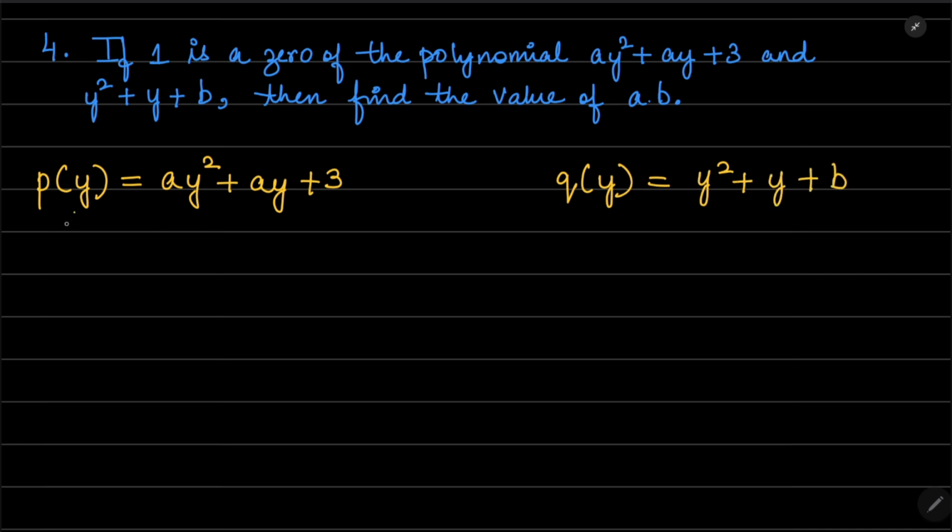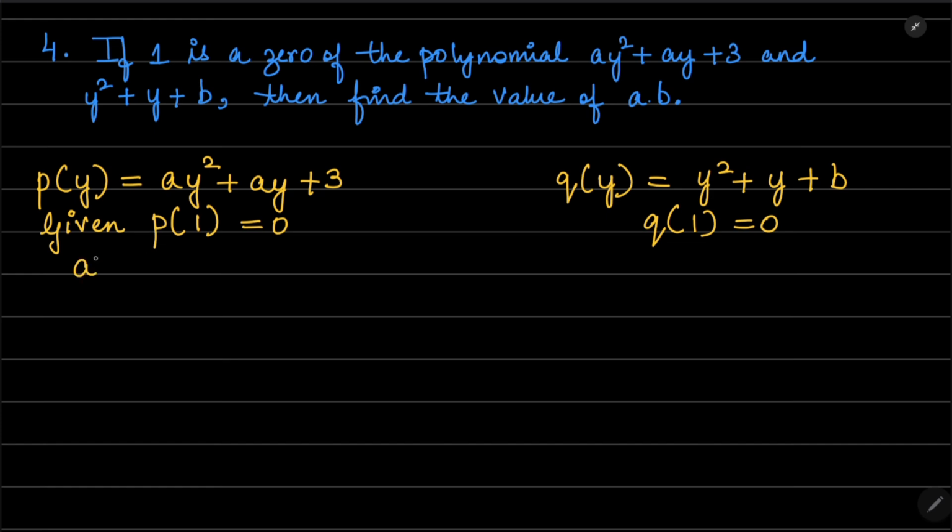Since 1 is a zero, what do you mean by zero? It is that variable value which is making the entire polynomial 0. So you are given that P of 1 is equal to 0. Here also you can write Q of 1 is also 0 because 1 is a zero of both the polynomials.